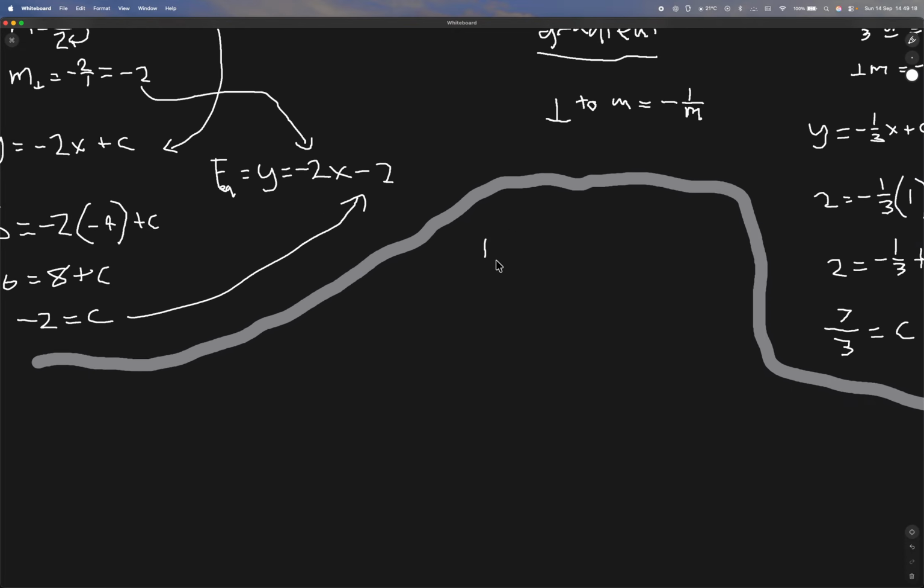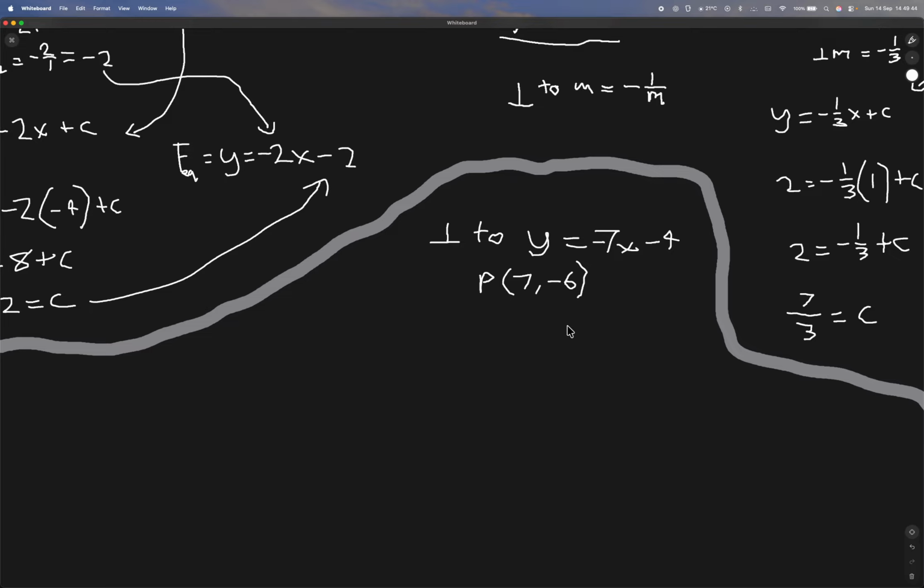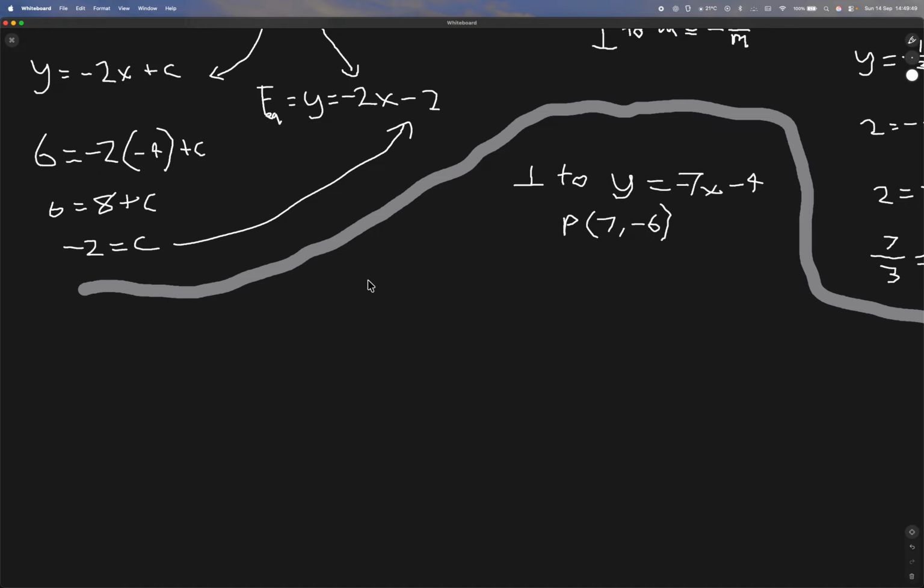Okay, perpendicular to -7x minus 4 through the point 7, -6. Okay. So, feel free to pause the video and try and solve this one yourself. Okay, I'm going to get started now. So, m is equal to -7.